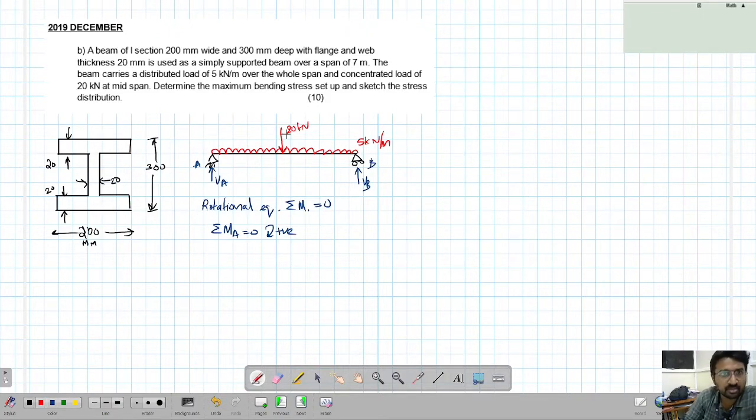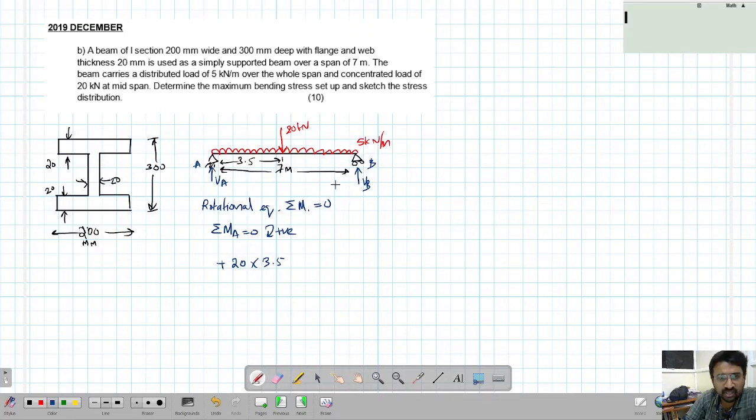Okay, so what are the dimensions? We will just draw the dimensions also here. So this is totally 7 meters, and the point load is at 3.5 meters. Now quickly we have 20 kilonewton into, so about A we are finding 20 into 3.5 is the moment due to 20 kilonewton, and remember it is trying to rotate in clockwise direction, so it's positive.